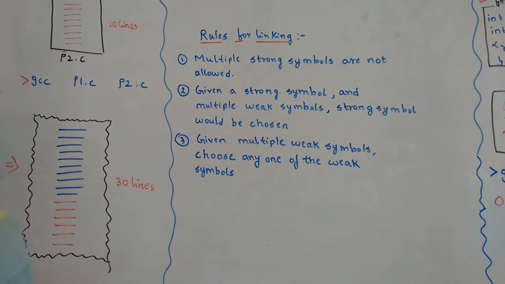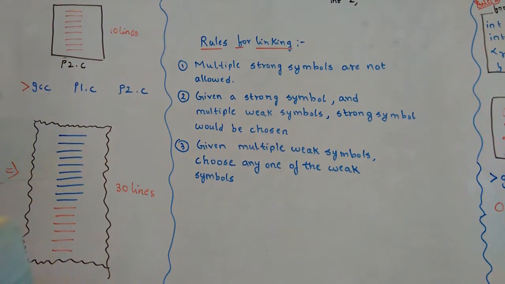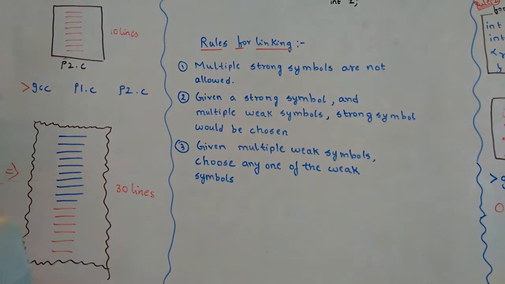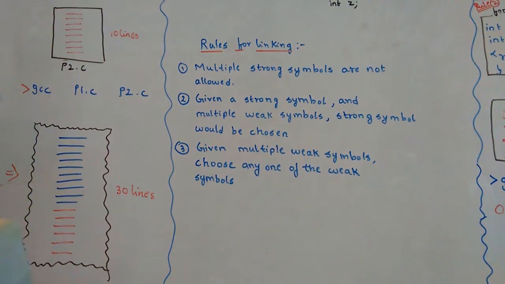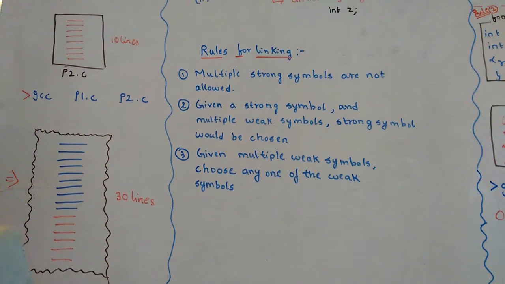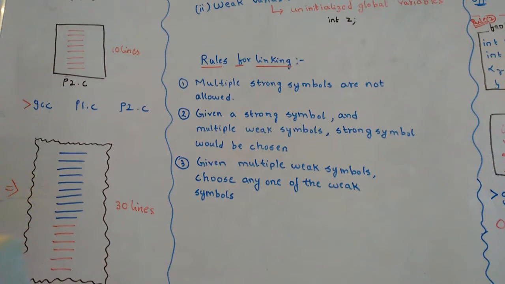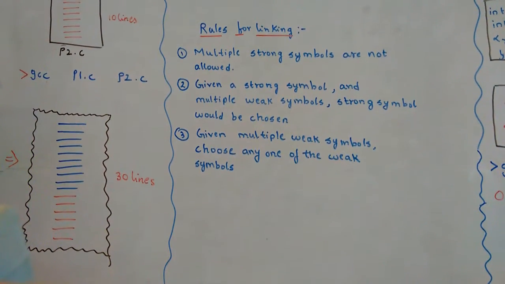The 20 lines of the first program and the 10 lines of the second program would be concatenated when I say it like this. In other words, p1 and p2 are linked together. Like this, in one program, both programs' statements would be combined as I have shown below.